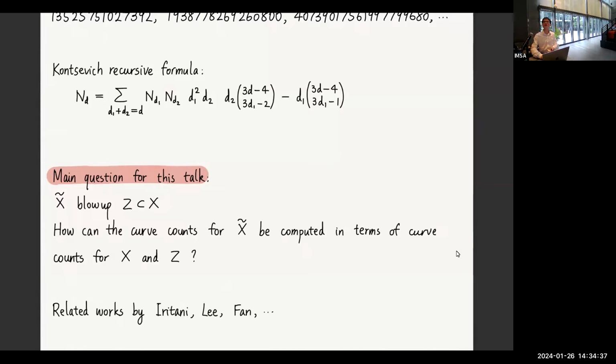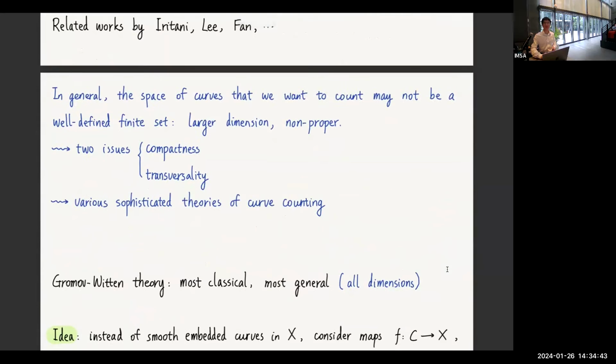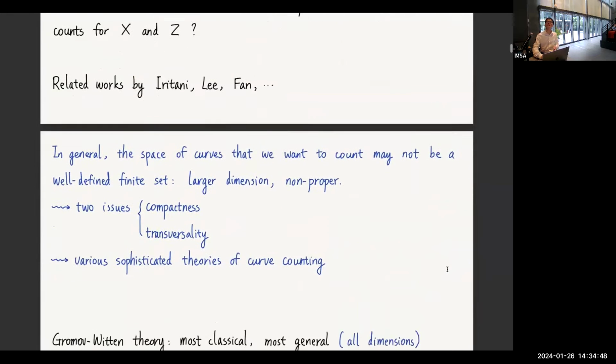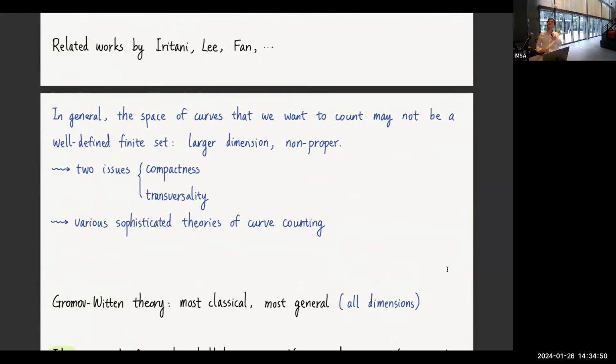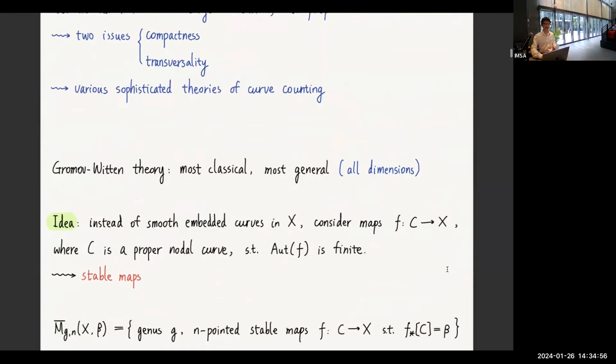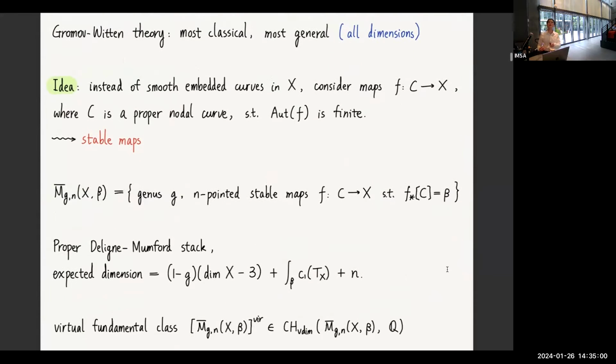Of course we need to be a bit more precise because of the troubles of naive curve counting. So we had better formulate this problem in terms of Gromov-Witten theory.